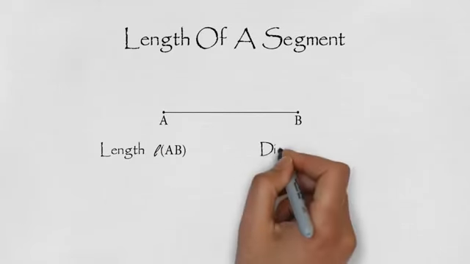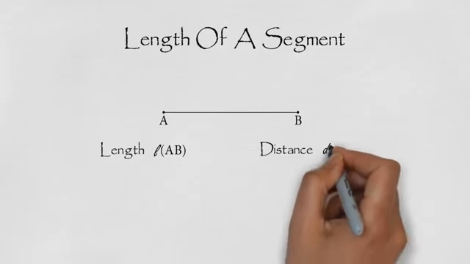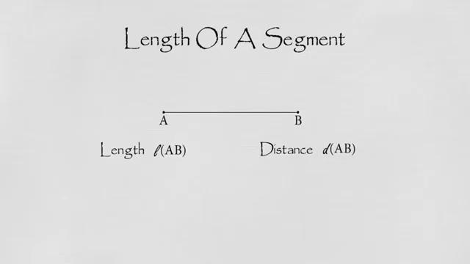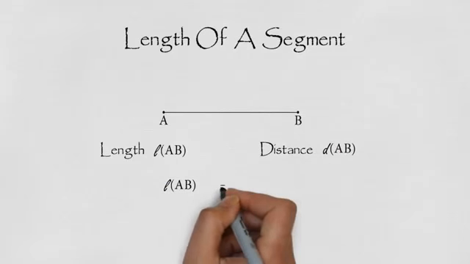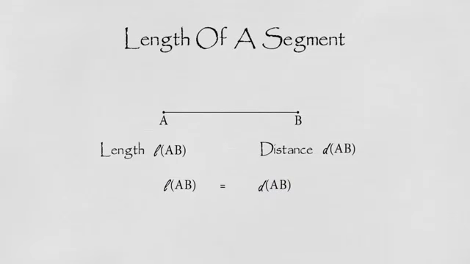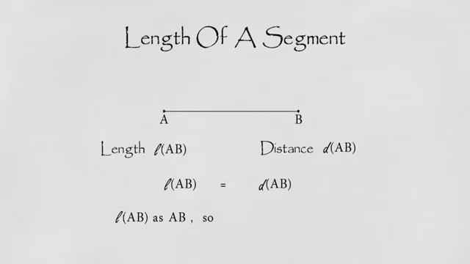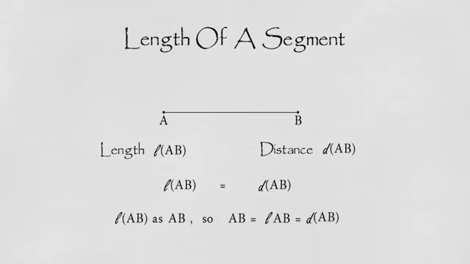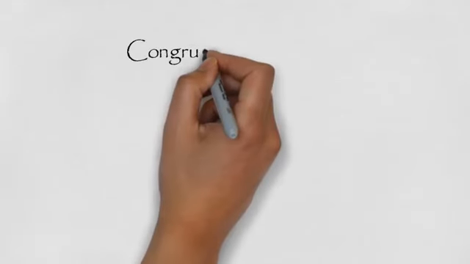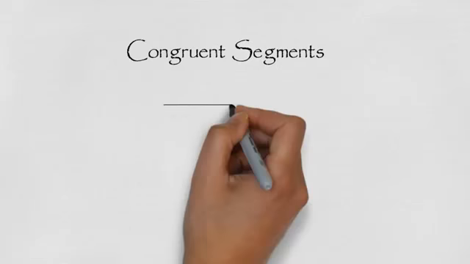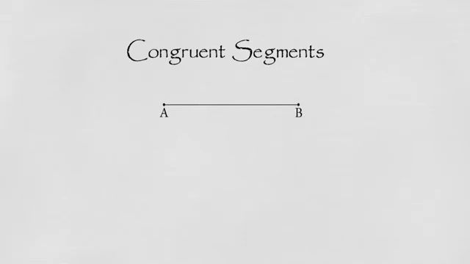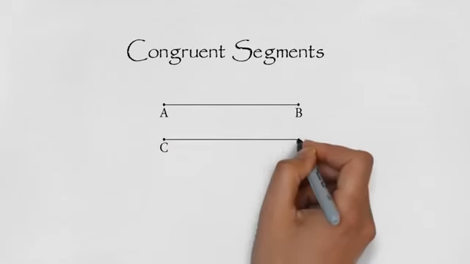Since we denote the distance between the points A and B by d(A, B), we have length AB is equal to distance AB. We denote length AB as AB, so AB is equal to length AB is equal to distance AB. Congruent segments. Two line segments are said to be congruent if they are of the same length.